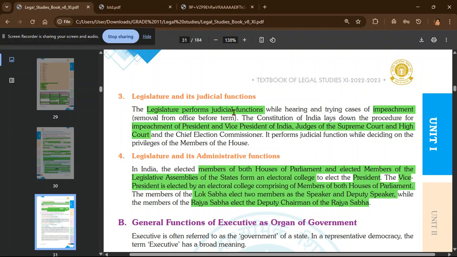Lok Sabha elects two members as the Speaker and Deputy Speaker, while Rajya Sabha elects the Deputy Chairman and the Chairman of the Rajya Sabha. Chairman is nothing but the Vice President of India.